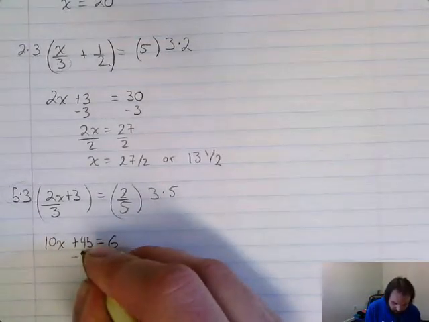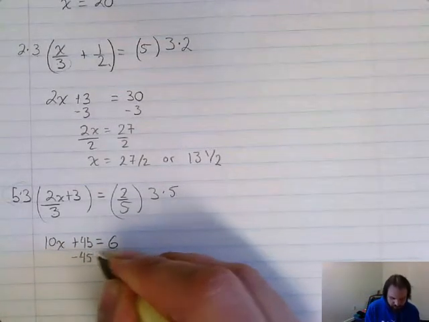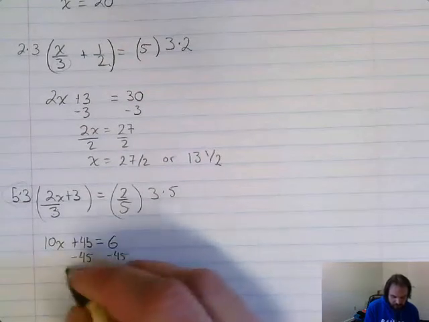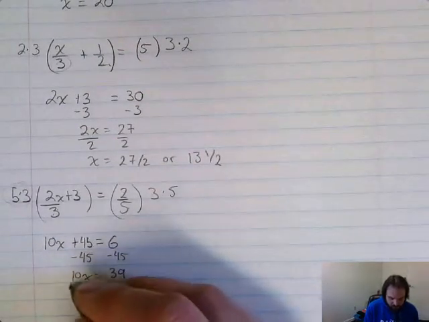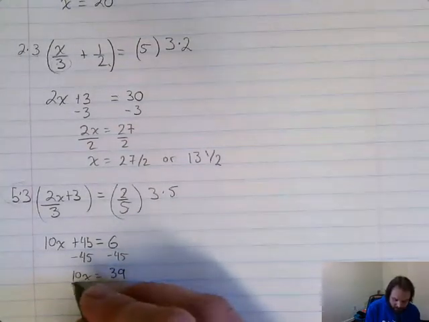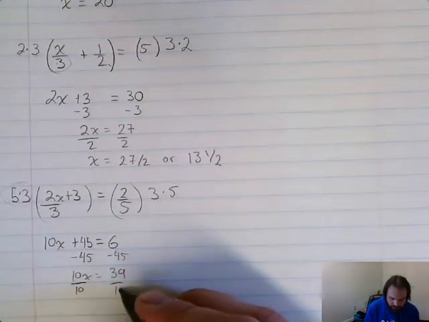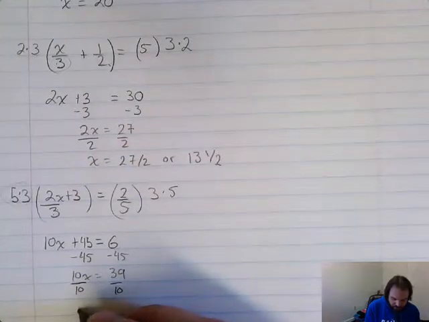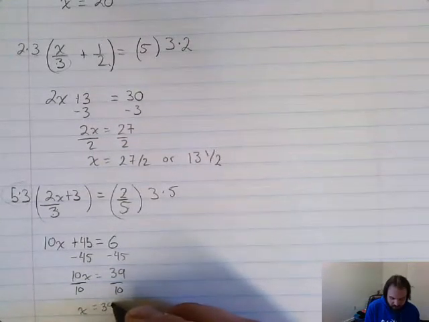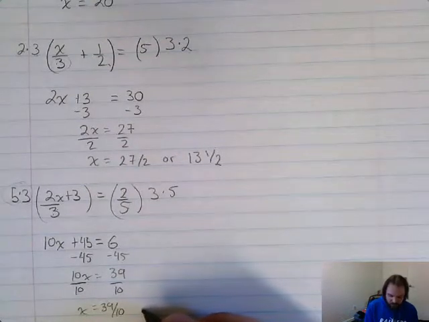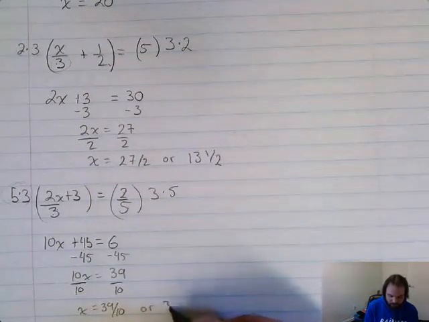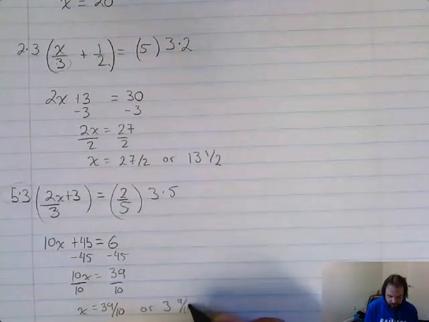So we're going to subtract 45, subtract 45. So I get 10x is equal to 39. Then I'm going to divide by 10, divide by 10. So I get x is equal to 39 over 10. 10 goes into 39 3 times, and we'll have 9 left over. Okay?